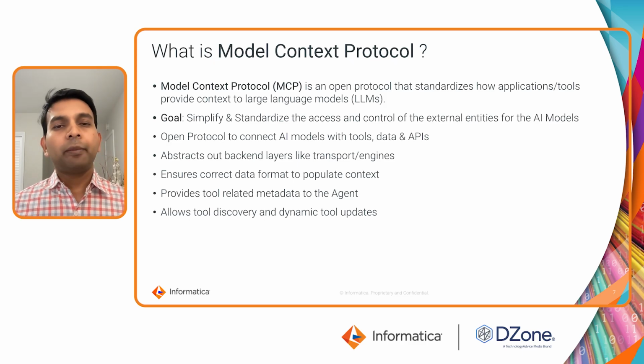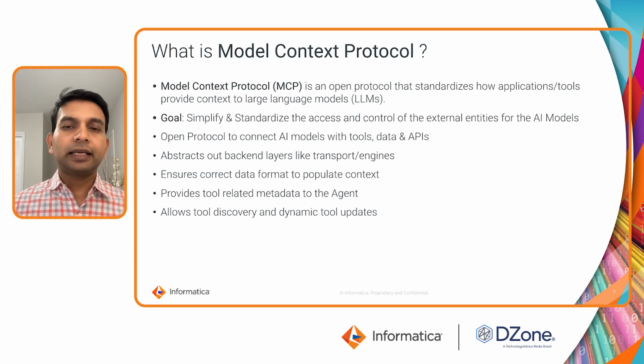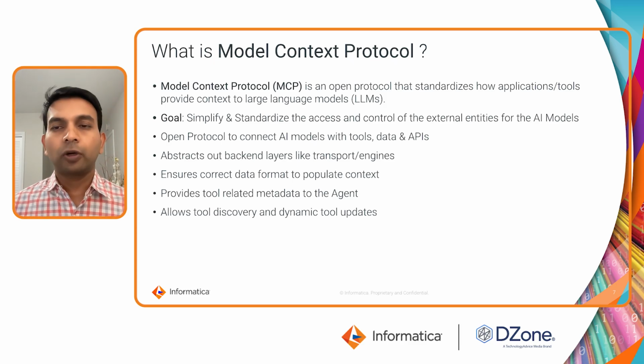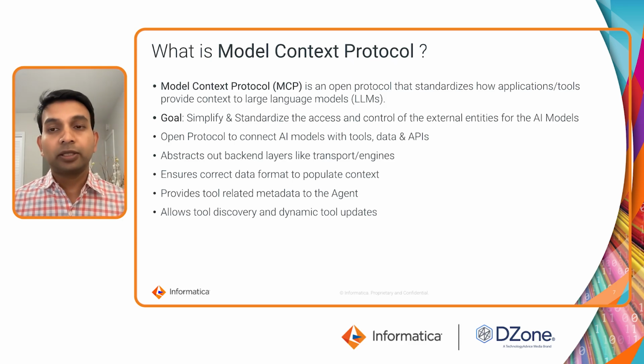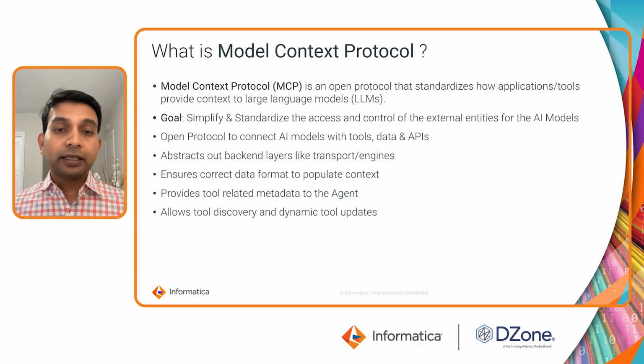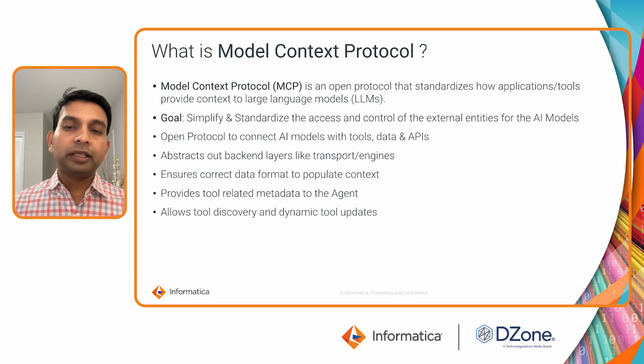MCP connects AI models with your tools, datasets, and APIs through a single protocol. It abstracts away all the complexity, such as transport layers, data engines, or authentication mechanisms. It ensures data arrives in the correct format to populate the context windows.